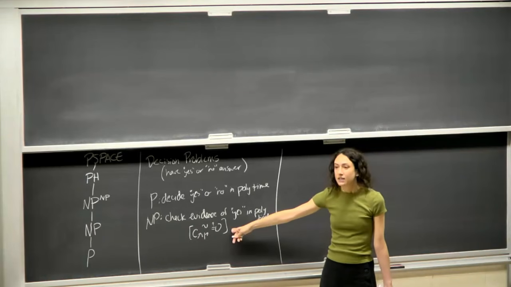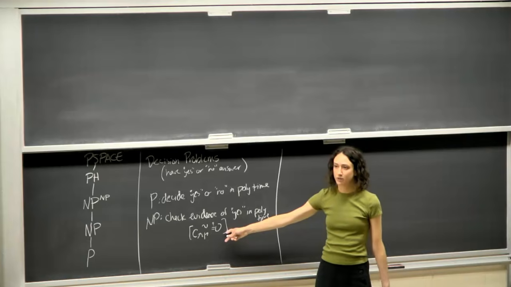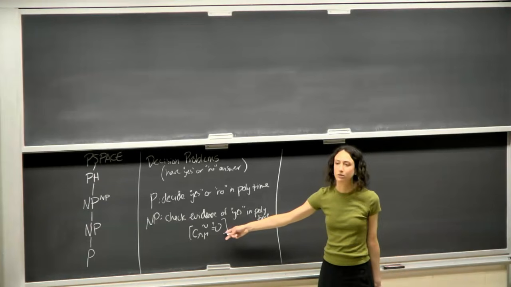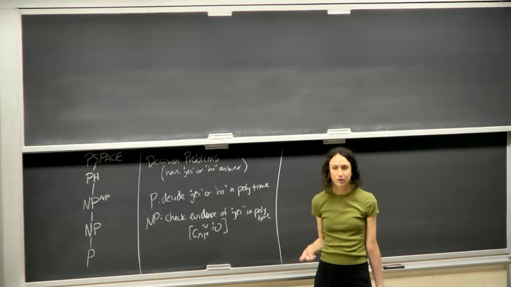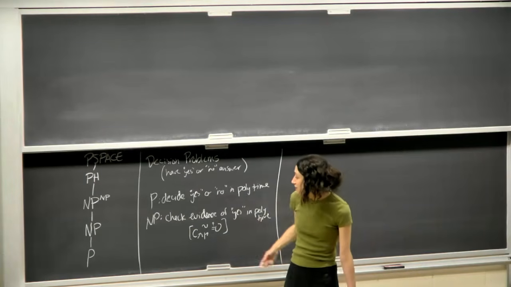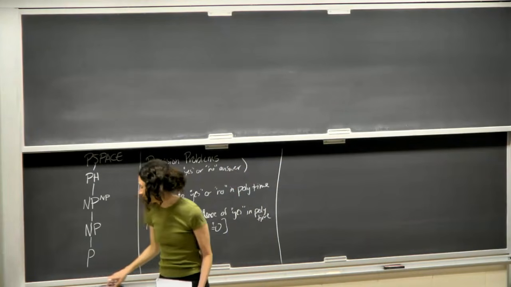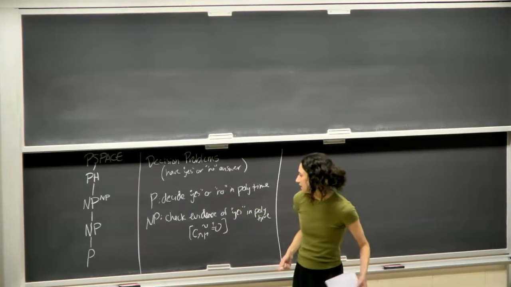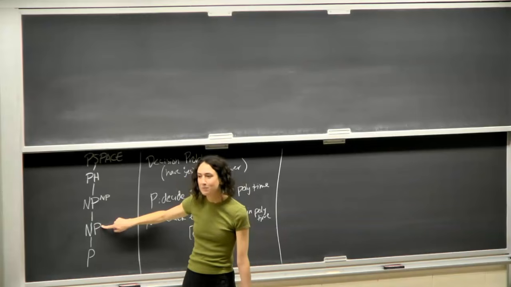Because I can just give you a tableau that I claim is counted by the Littlewood-Richardson rule, and you can check that it obeys all of the rules that a Littlewood-Richardson tableau should obey, and then that would ensure that this was a positive coefficient. As it turns out, this is actually in P, but that part is much less obvious and uses some much bigger results.